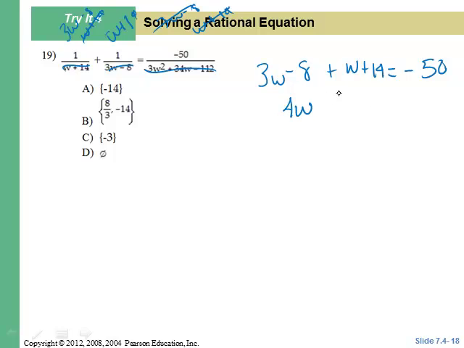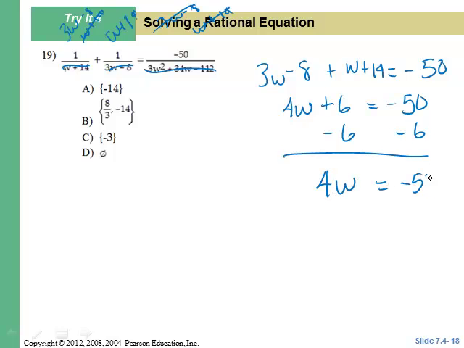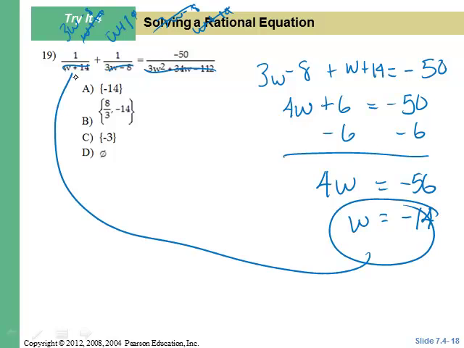Minus 8 plus 14 is plus 6, equals negative. Subtract 6 from each side. You get 4w equals negative 56. The w equals negative 14, which it can't be. Because of that, we would say our answer is the null set.